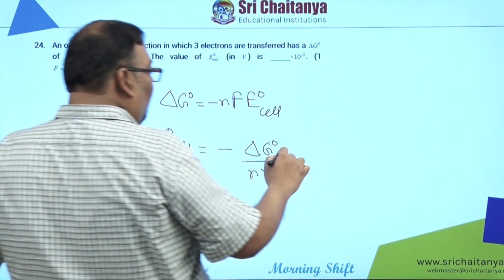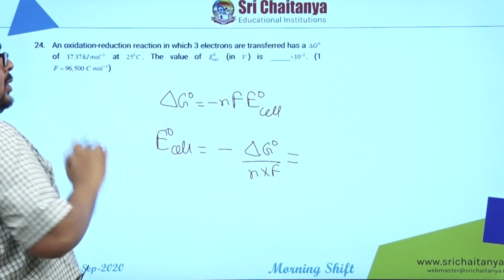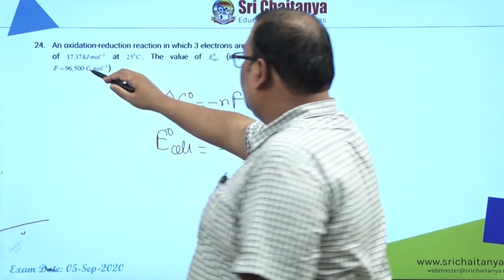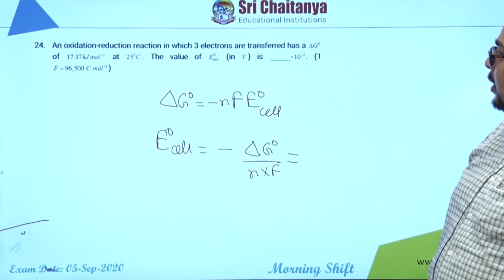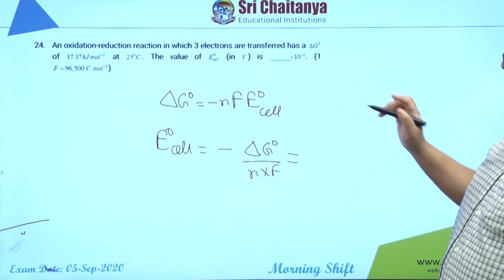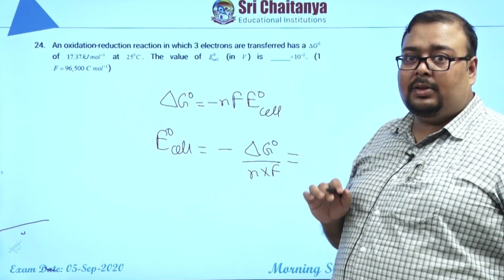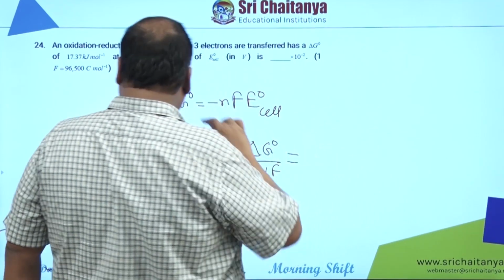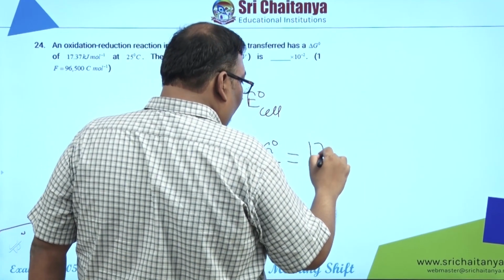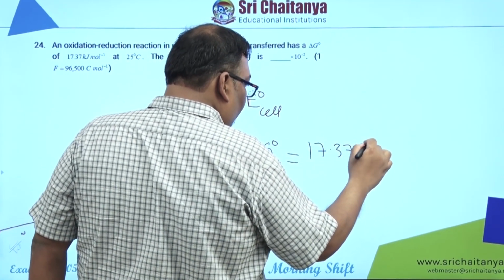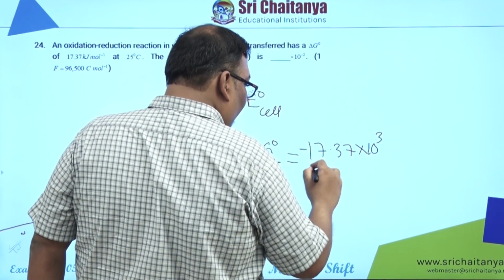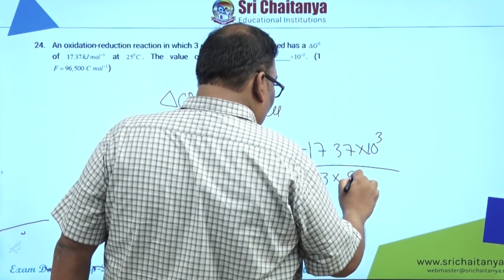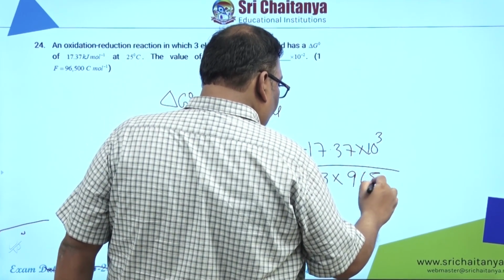Now the values are given to us. Delta G naught is 17.37 kilojoule per mole, and the value of F is given to be 96,500. So we have to put these 2 values here. We have to convert kilojoule into joules, so it will be minus 17.37 into 10 to the power 3 by n, which is given to be 3, into 96,500.